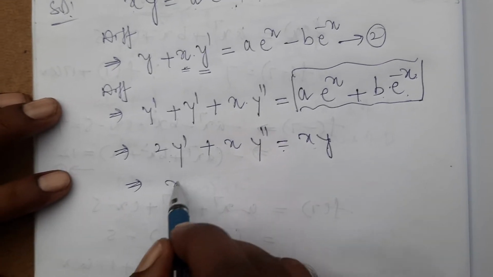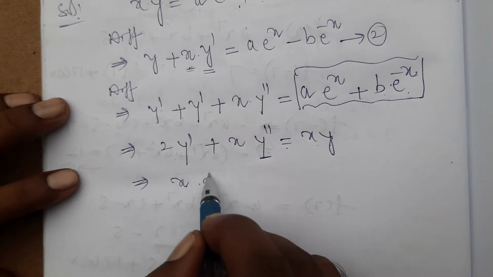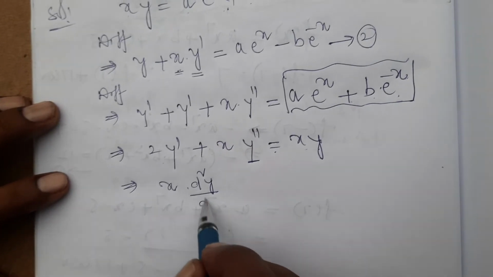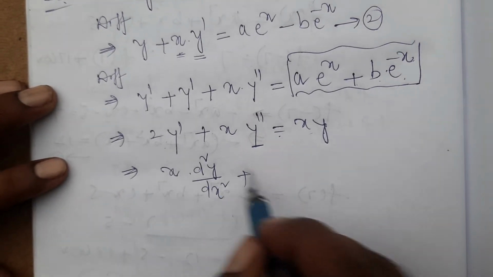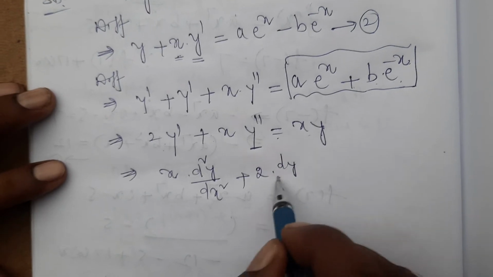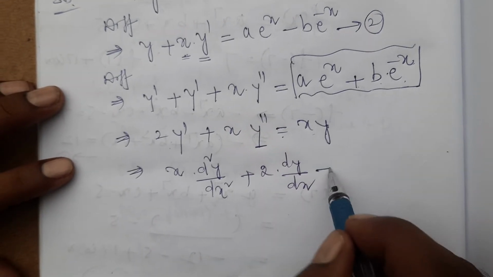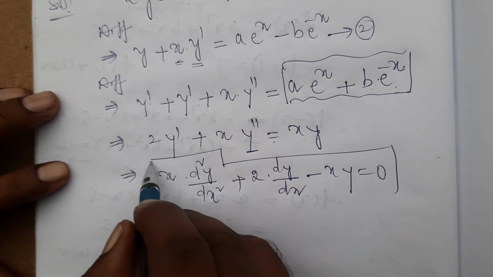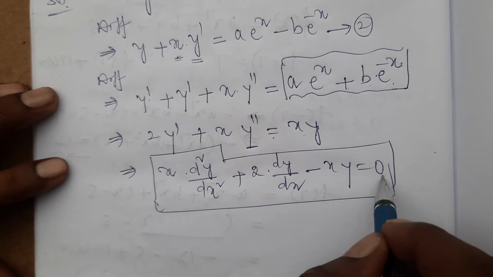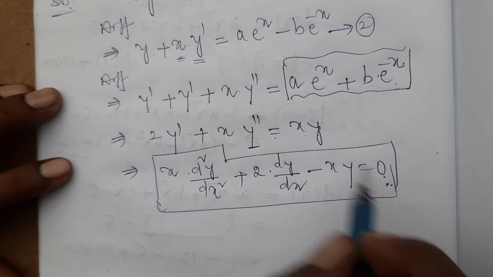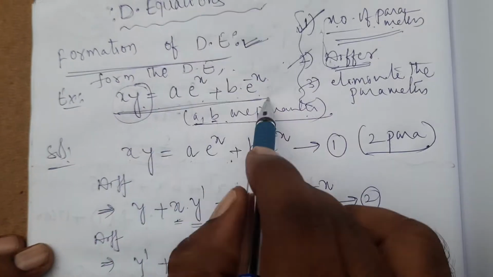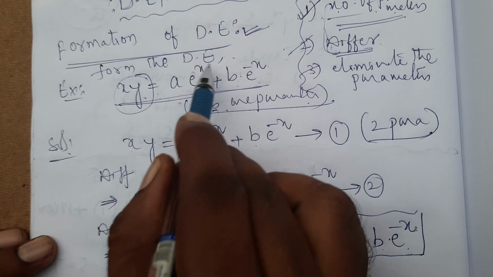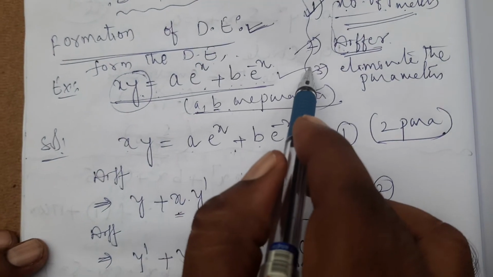If you simplify, x into y double dash means x d square y by dx square, plus 2 dy by dx minus xy equals 0. So this is the differential equation corresponding to the given equation xy equals a e^x plus b e^(-x).